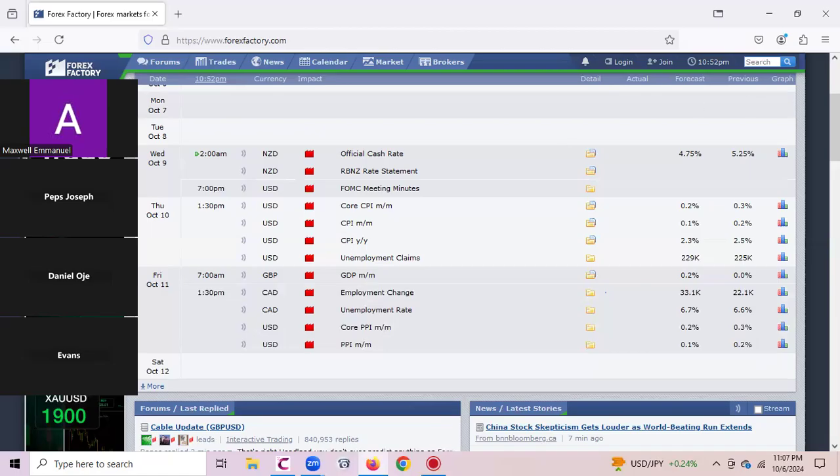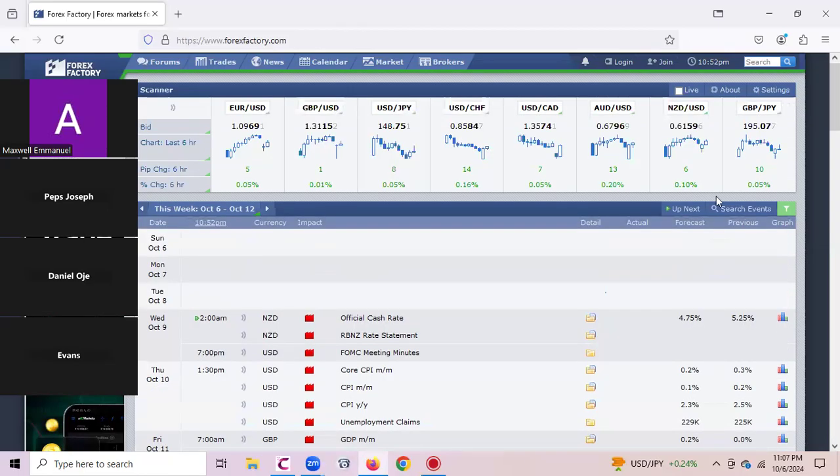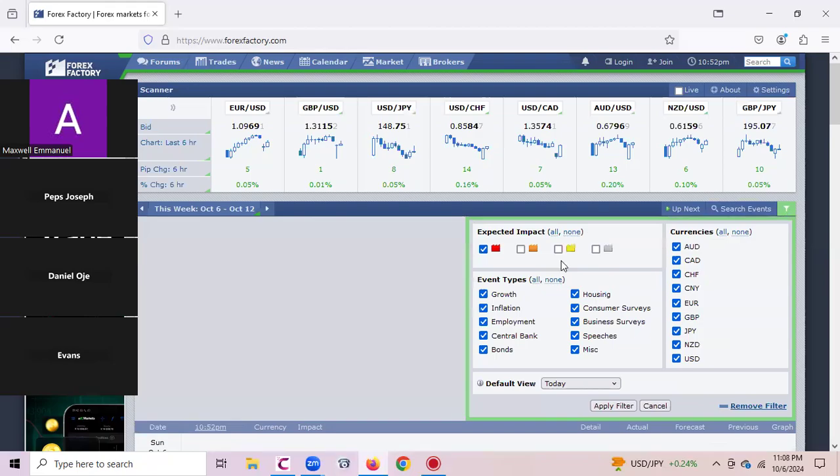Just go to filter, you have a filter here. Go to filter and select the news you're interested in. All these were ticked, and I had to untick them because I'm not interested in them. You can even select the currencies you want to focus on.